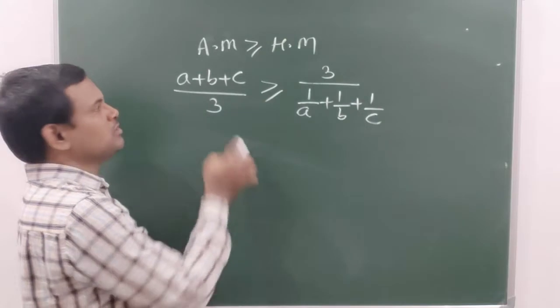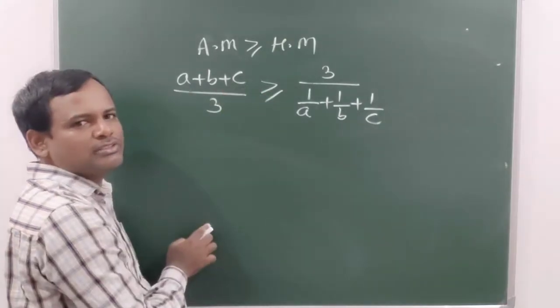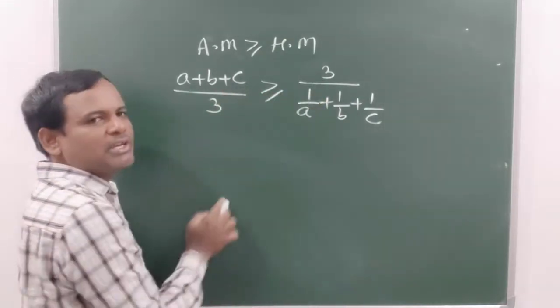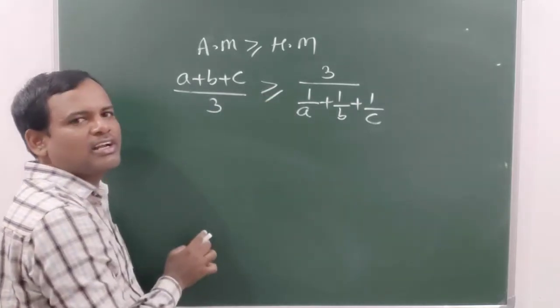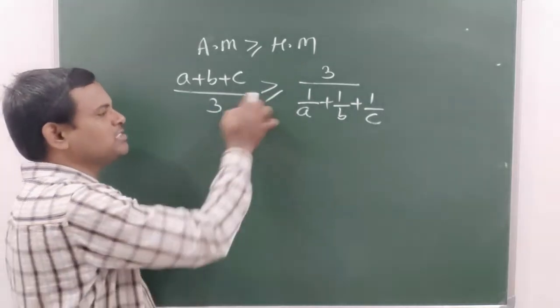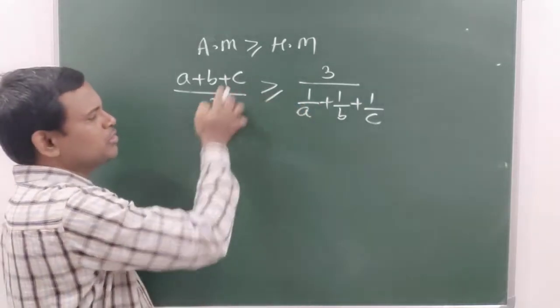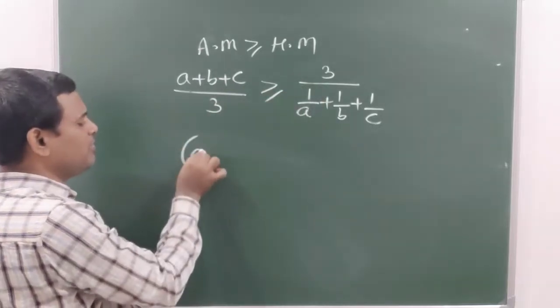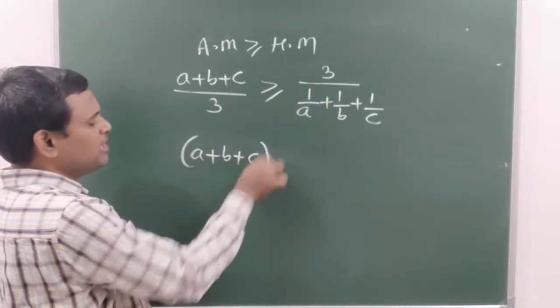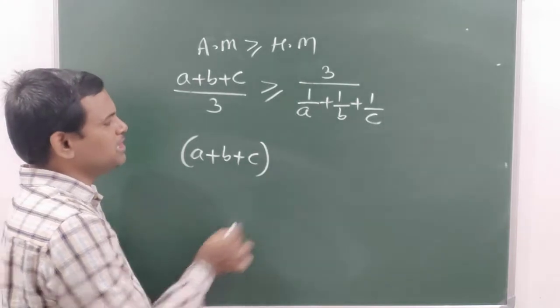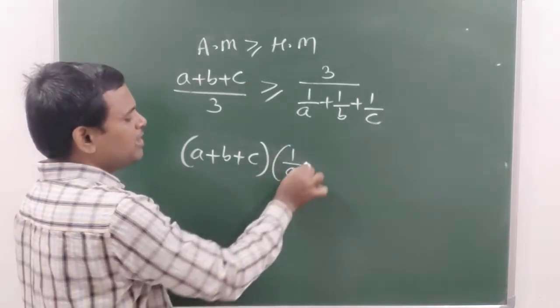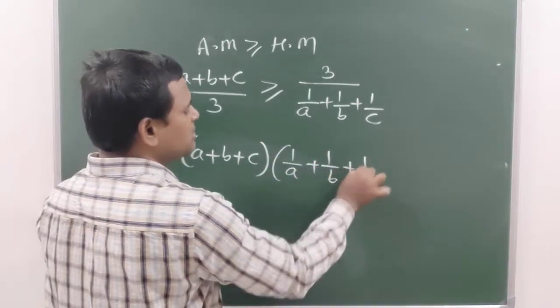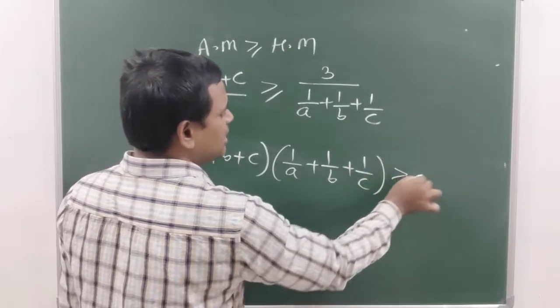Since a, b, c are positive quantities, cross multiplication will not affect the greater than or equal to symbol. So we get (a plus b plus c) into (1 by a plus 1 by b plus 1 by c) is greater than or equal to 9.